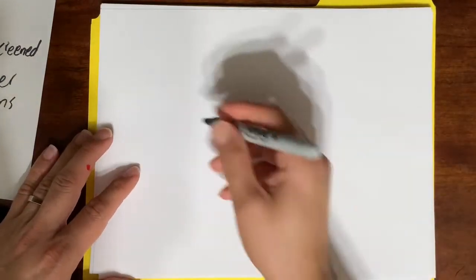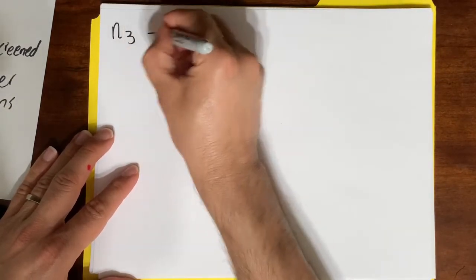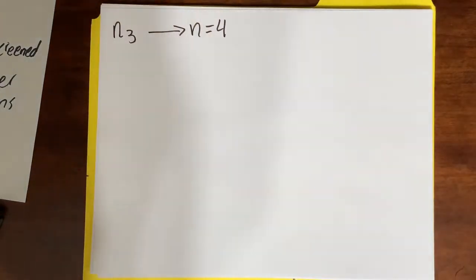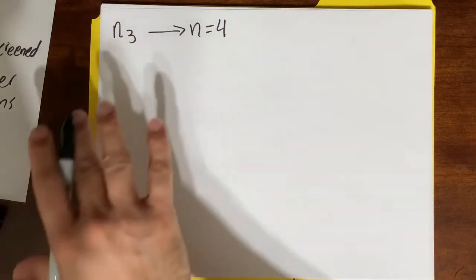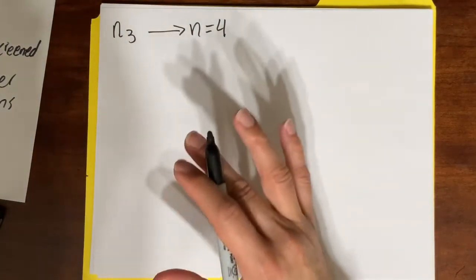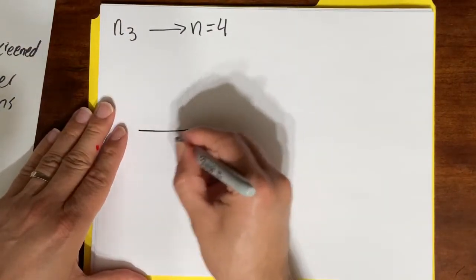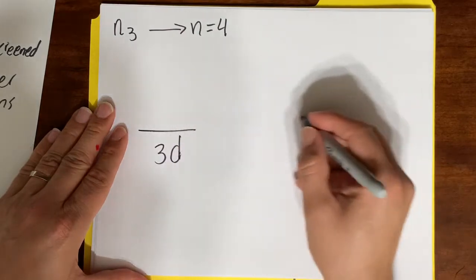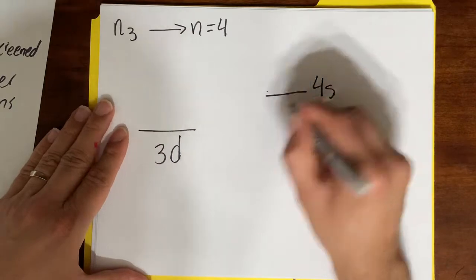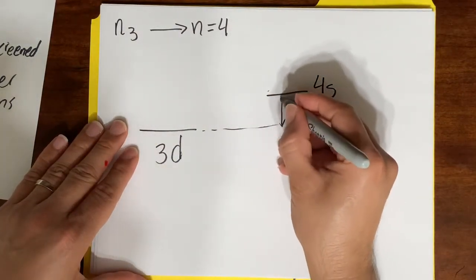If I move from n3 to n4, the gap between those two orbitals is not huge. So let's assume here is the 3d orbital, and then we have the 4s here. This is the gap between them.